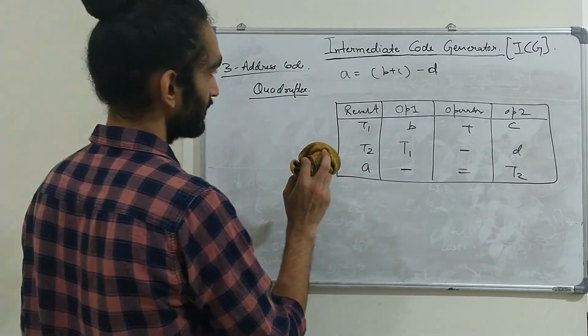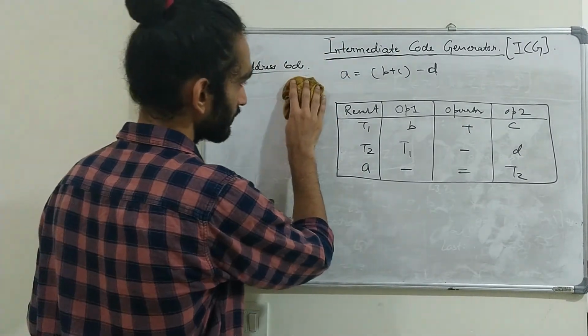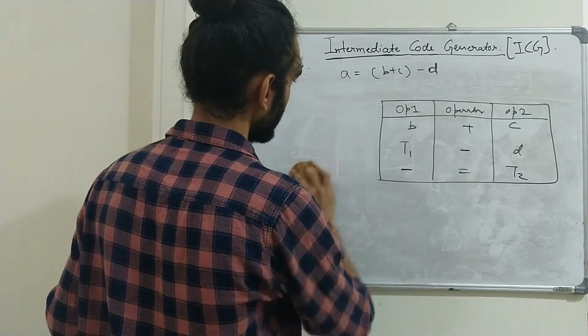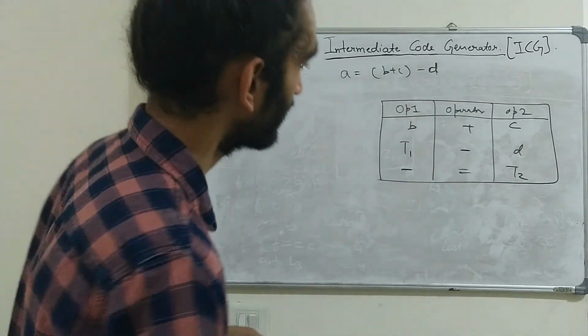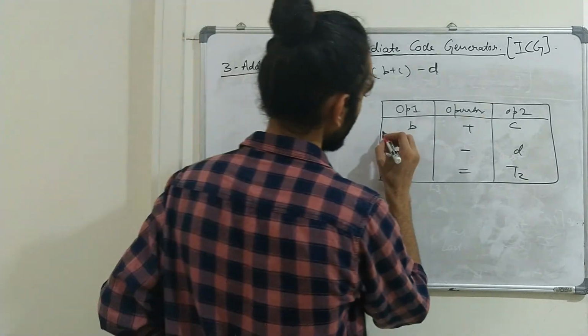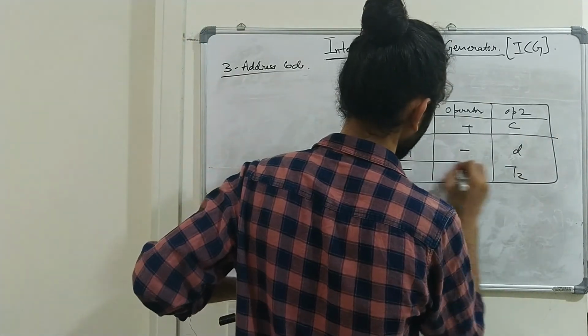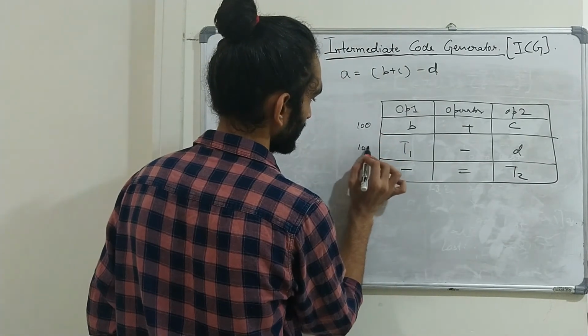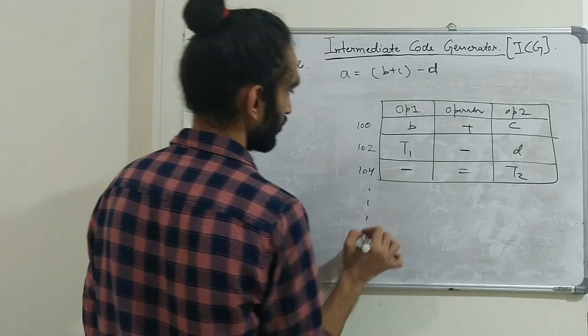So in triples, there's only one thing being removed in here, and that is the result part. And for including the result part, we use the addresses of the memory. So suppose this has been 100, this has been 102, this has been 104, and so on.